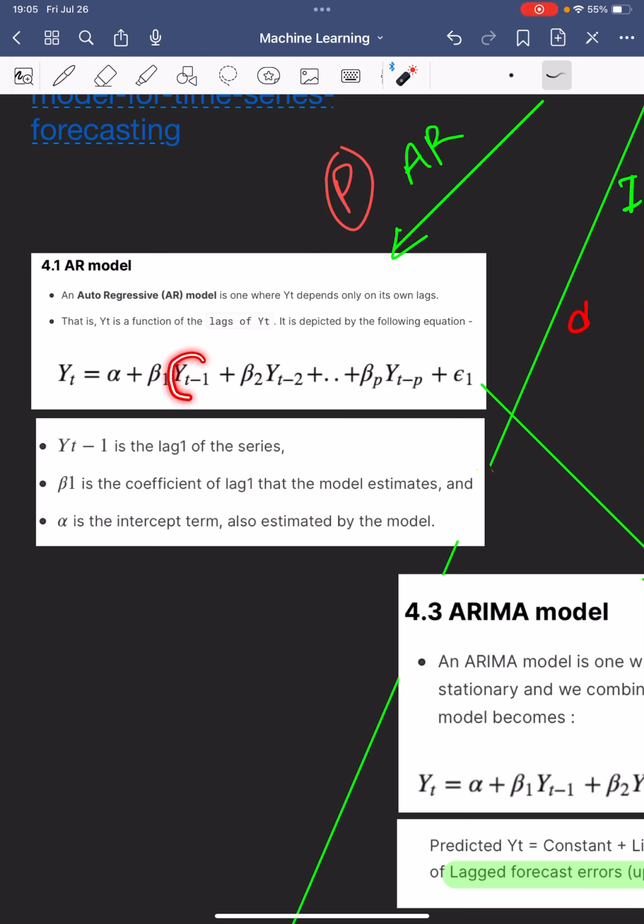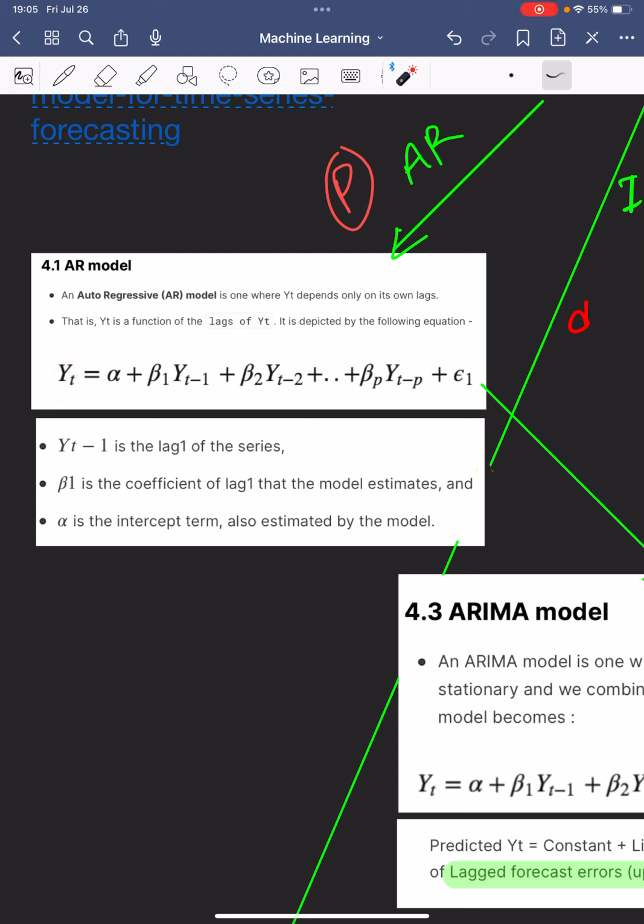So y(t-1), y(t-2) up to y(t-p), we are making a linear combination of the series' own lags, and then we are trying to predict the current time series value, right?